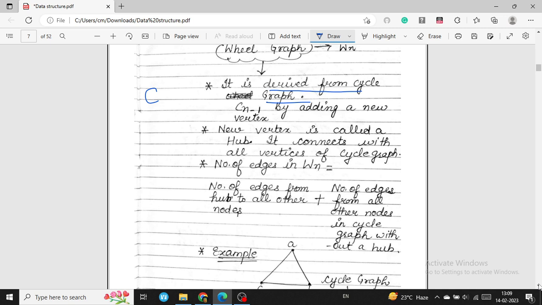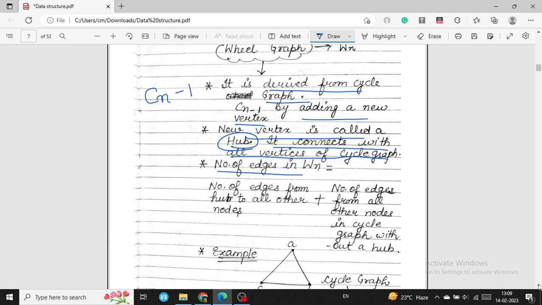In a cycle graph Cn minus 1, we add a new vertex. That means when one new vertex is added, we make a wheel. The new vertex is like a hub. It connects with all vertices of the cycle graph.